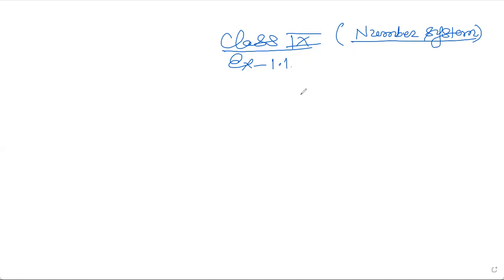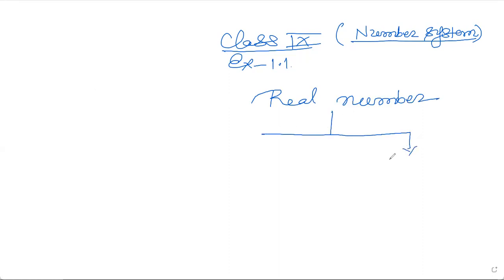So, as I told you, there are two types of number: real numbers, which are in our syllabus, and I'm discussing only that, has been divided into two parts. In previous lecture, I have discussed it.